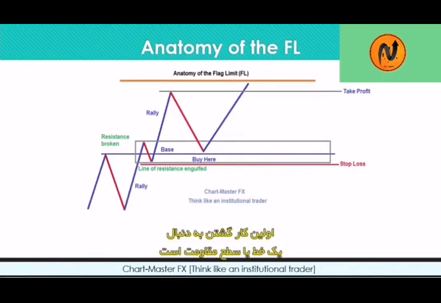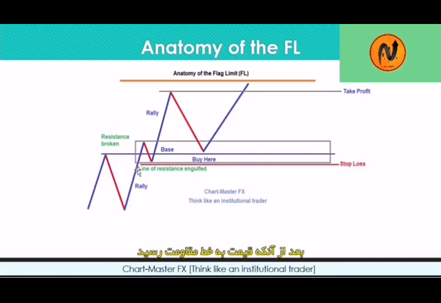So guys, the first thing that you need to take into consideration is to look for a resistance line or a resistance level. Once you identify a resistance line of one touch or more, then you can draw your resistance line. Once you have your resistance line, you wait for the price to come to that resistance line.